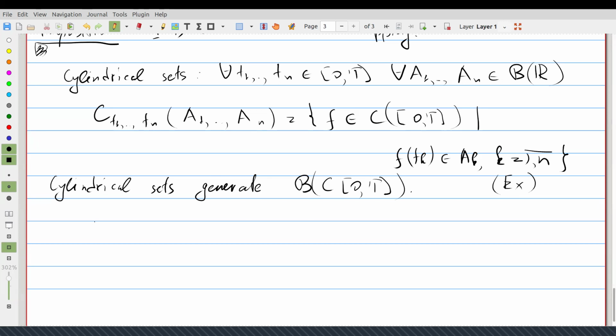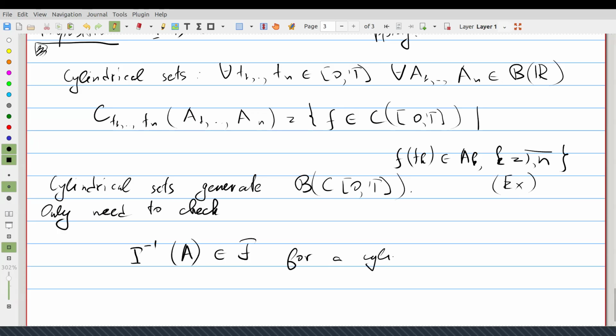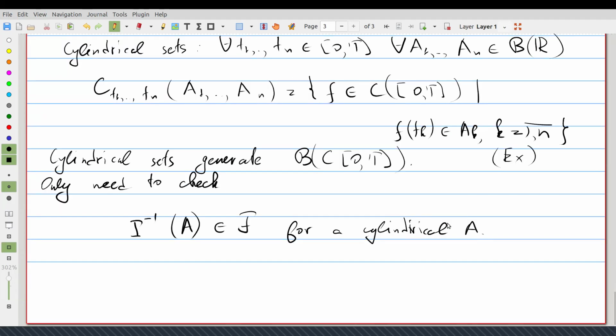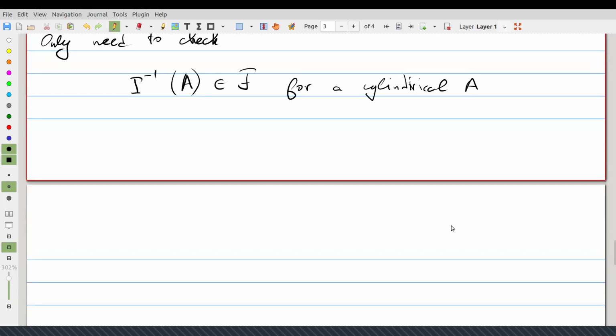And since these sets generate B, we only need to check that this holds for cylindrical sets. Because it's a collection of sets generating the sigma algebra, checking measurability need not be done for all sets in the sigma algebra. We can just take sets from those that generate it.